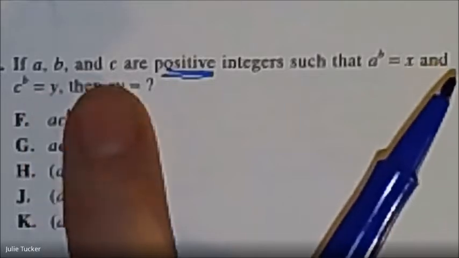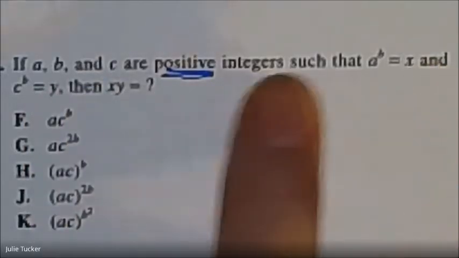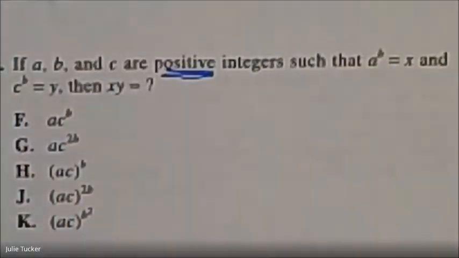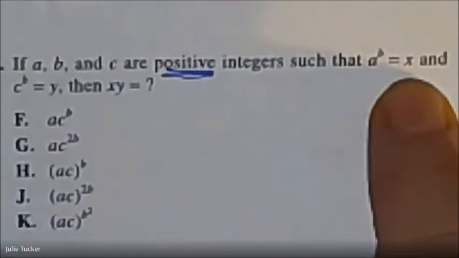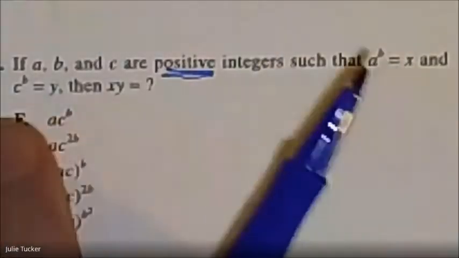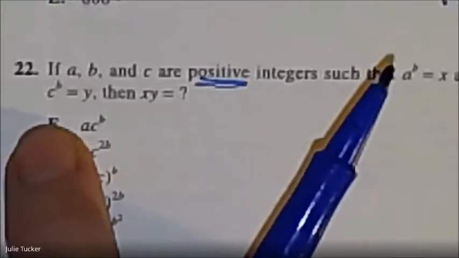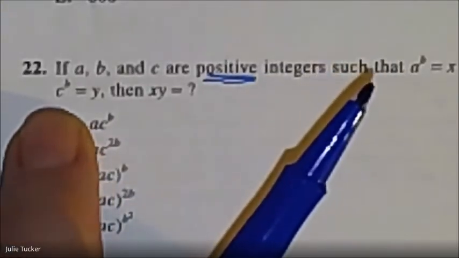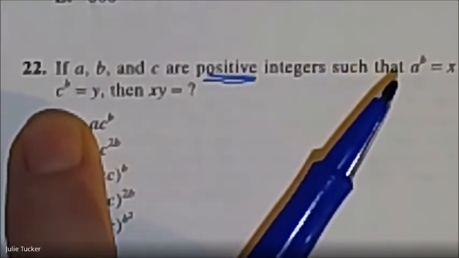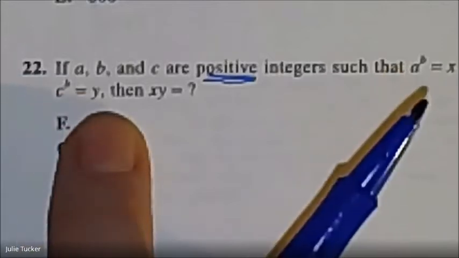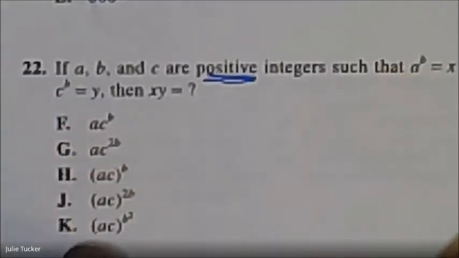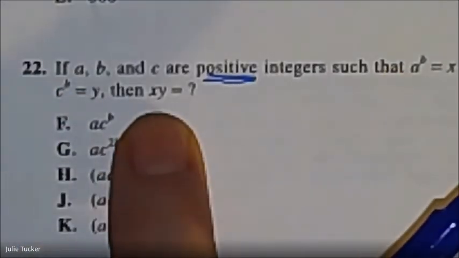So A, B, and C are all positive integers such that A to the b power equals x. And C, I know this looks really tiny, so I'm trying to help. C to the b power equals y. Then x times y equals what?